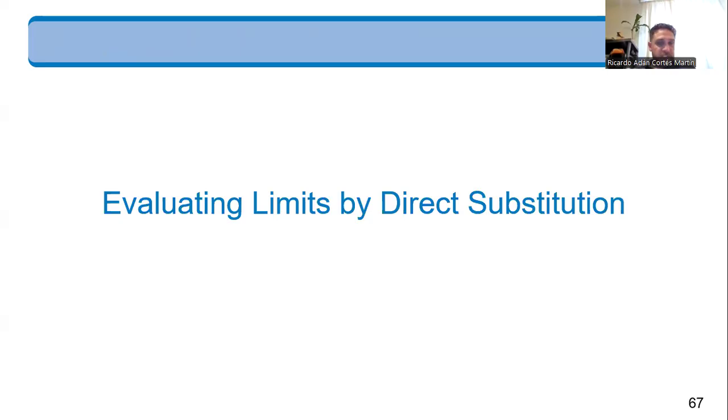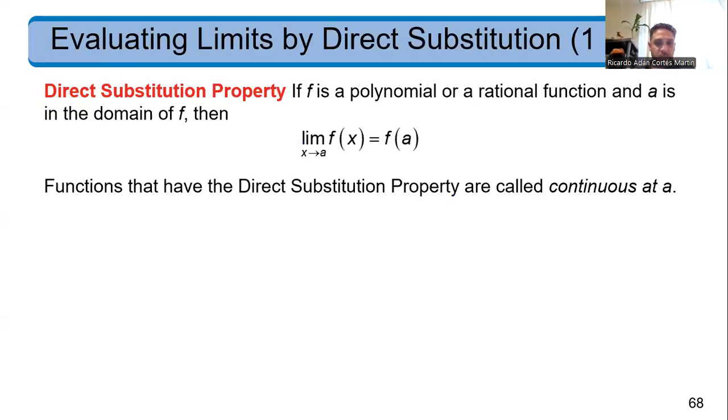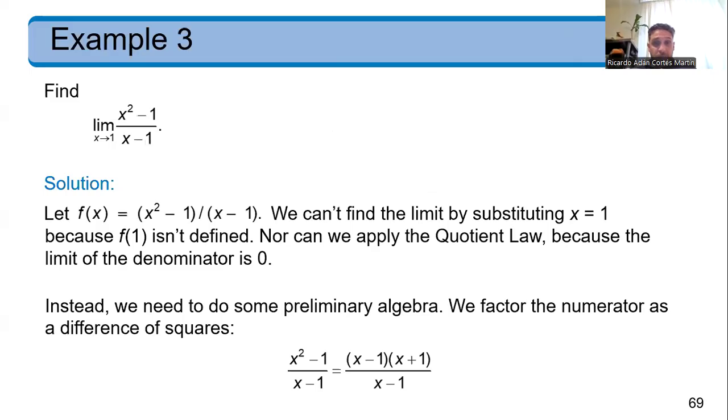We can evaluate limits by direct substitution, simply substituting the value, except when we have 0 in the denominator and the numerator. If we have 0 over 0 when we do a direct substitution, we can make a factorization.